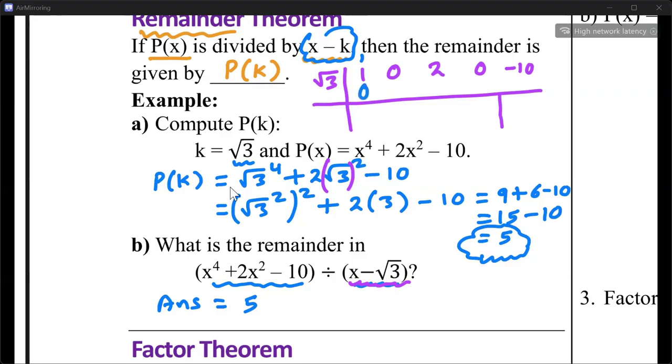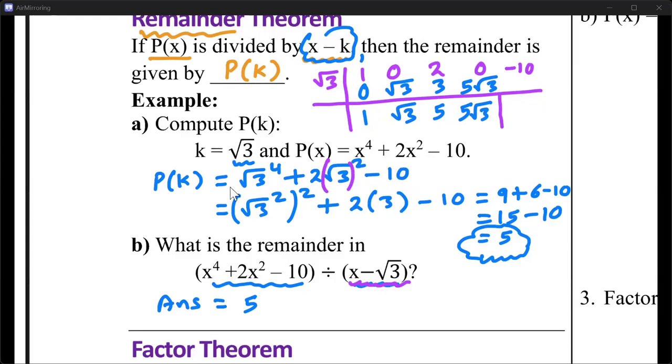First write 0. 1 plus 0, 1. Root 3 times 1, root 3. 0 plus root 3, root 3. Root 3 times root 3, 3. 2 plus 3, 5. Root 3 times 5, 5 root 3. 0 plus 5 root 3, 5 root 3.